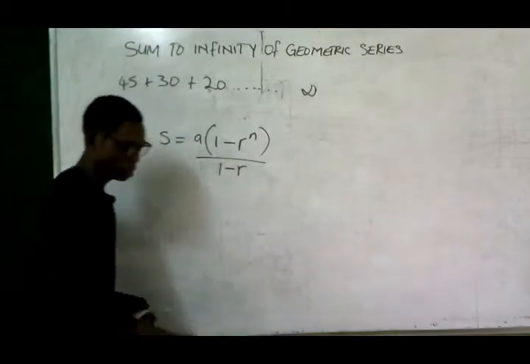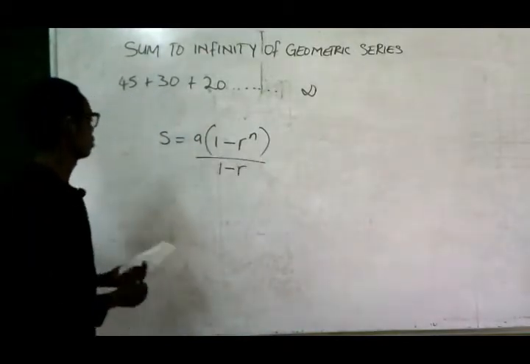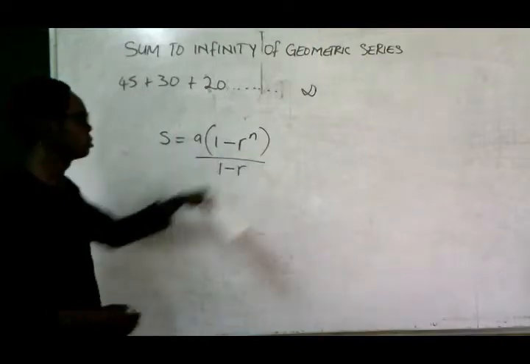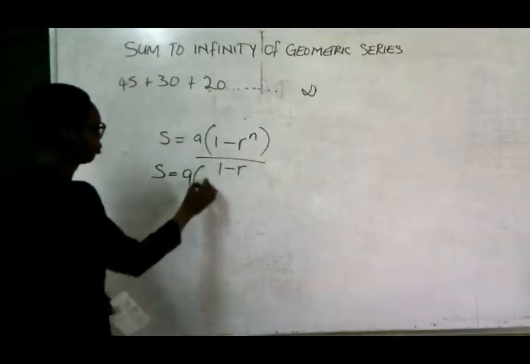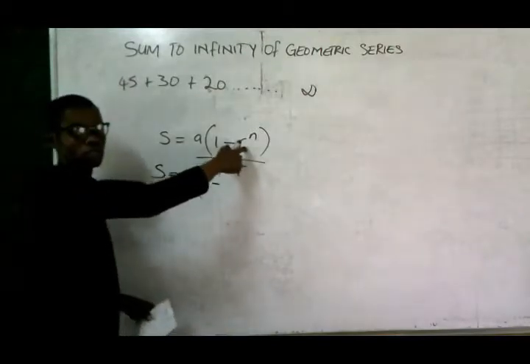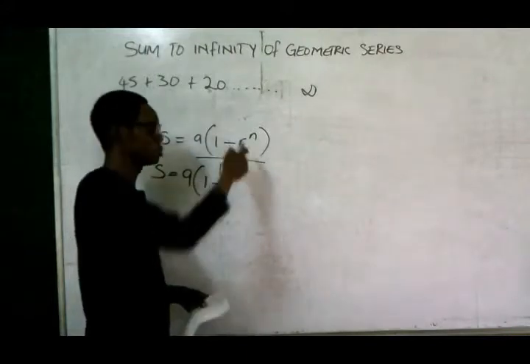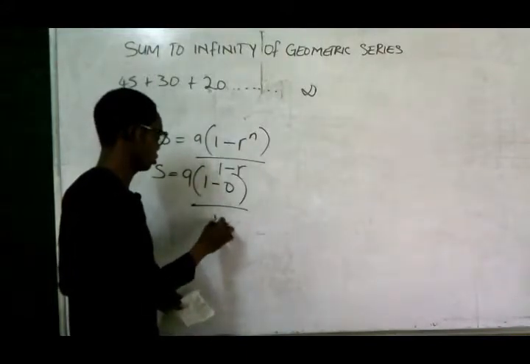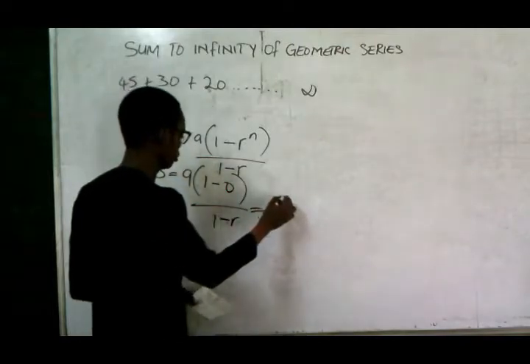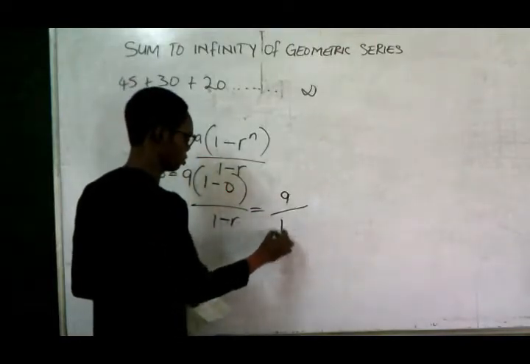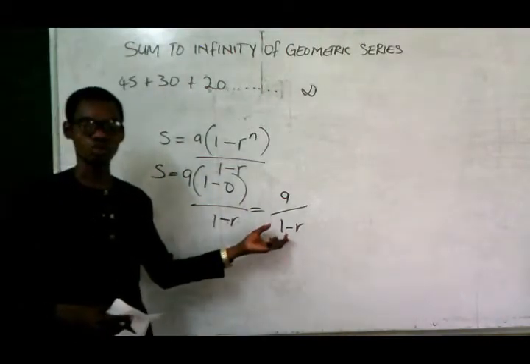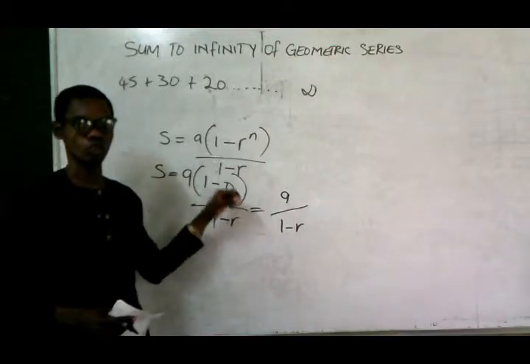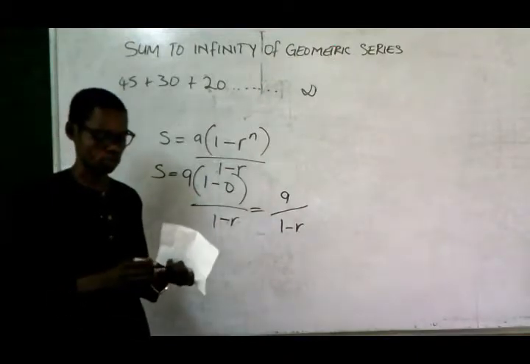I'm saying this because at infinity, the formula will reduce to a(1 - 0) all over 1 - r, because at infinity the value of r raised to power n will be 0. So at the end of the day, you have a over 1 - r. This will now be our suitable formula for finding the sum to infinity of a geometric series.